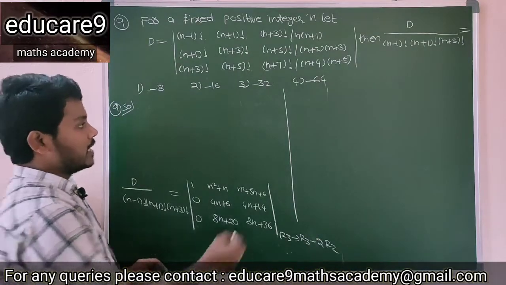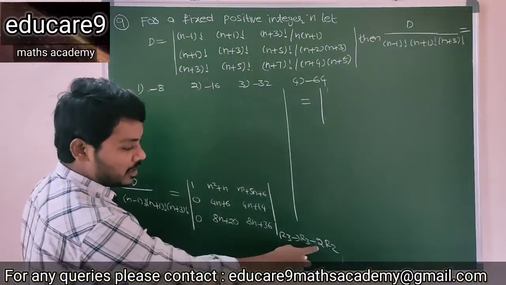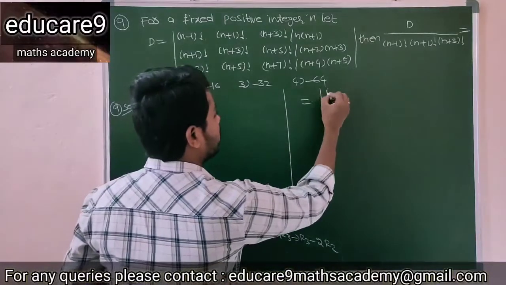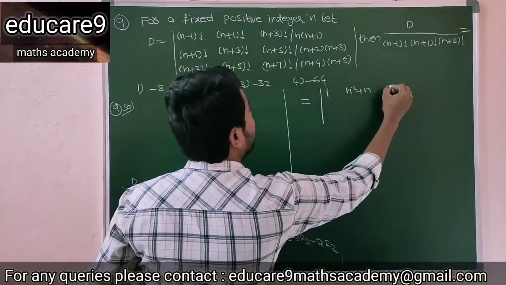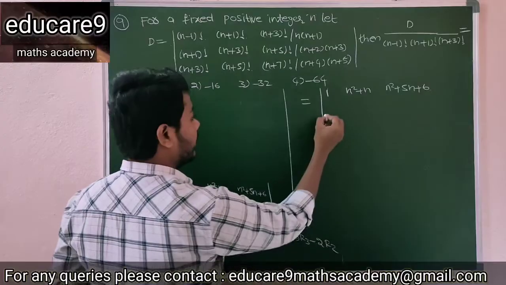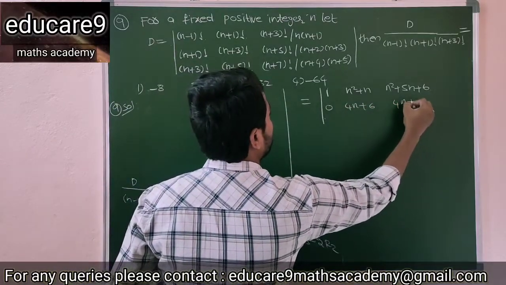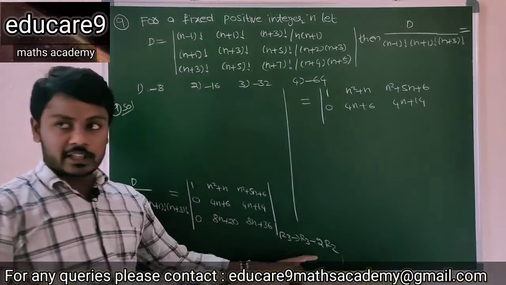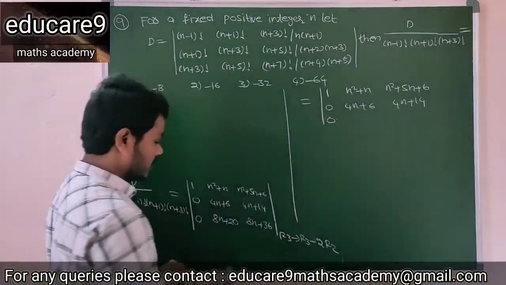So now this implies R3 minus 2R2. So write the first two rows as is: 1, n square plus n, square plus 5n plus 6. Next 0, 4n plus 6, 4n plus 14. Next R3 minus 2R2, that is 0.